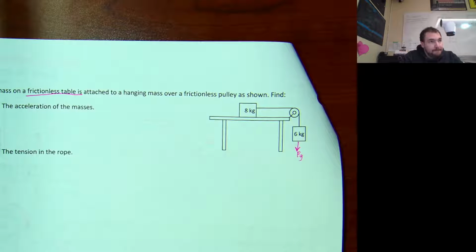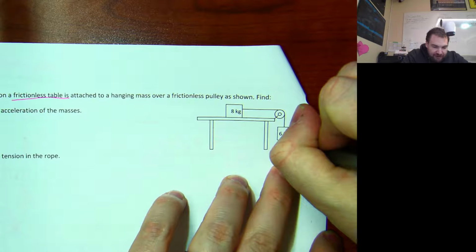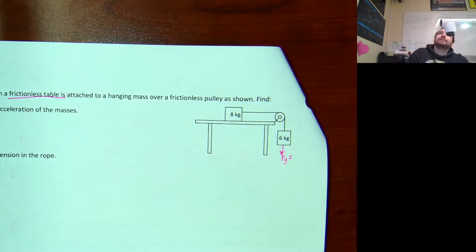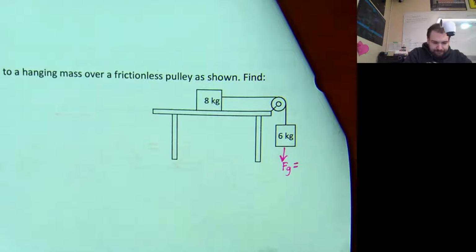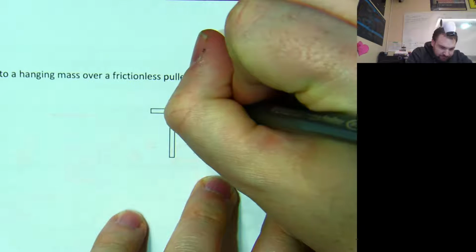What's happening? Gravity. I've got Fg acting on both. And let's actually just go through and do the calculations. Here, Fg is going to be what? 58.8. And 78.4 on top.